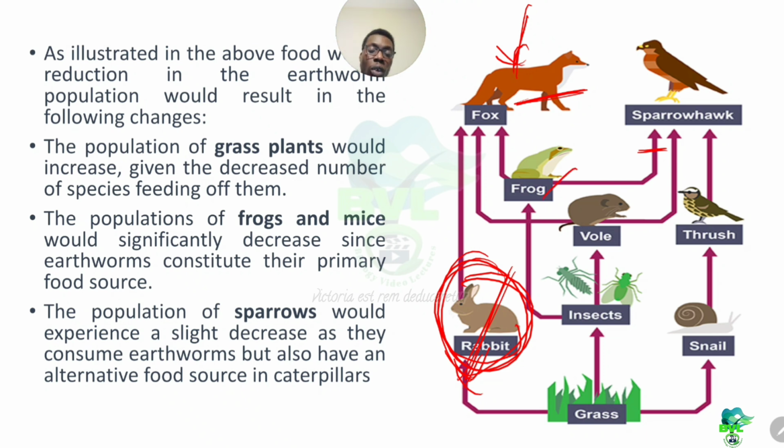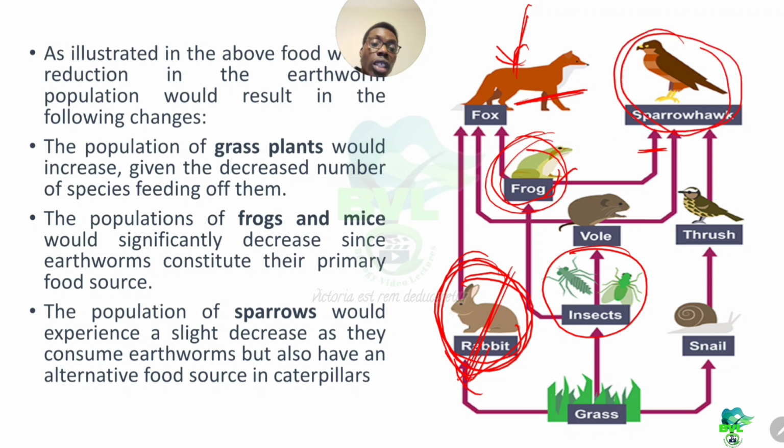But the truth is this: if the population of the insects reduces, it will reduce the population of frogs. If it reduces the population of frogs, it may affect the population of the sparrow. So there's always this effect.